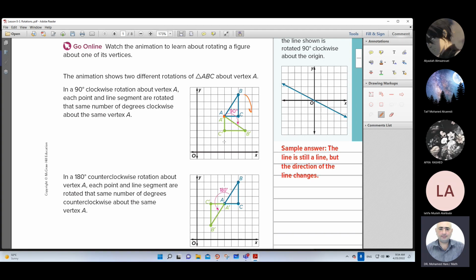Now this is line AB, and this is line A prime, B prime. The angle between them is 90 degrees. This is the angle of rotation. So in a 90-degree clockwise rotation about vertex A, each point and line segment are rotated that same number of degrees clockwise about the same vertex A.